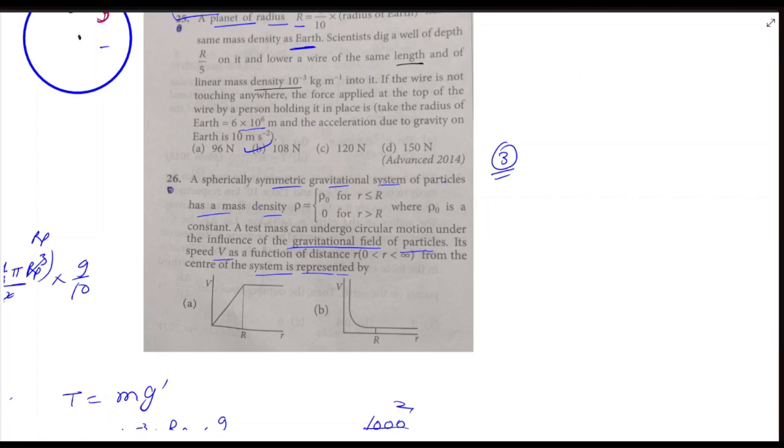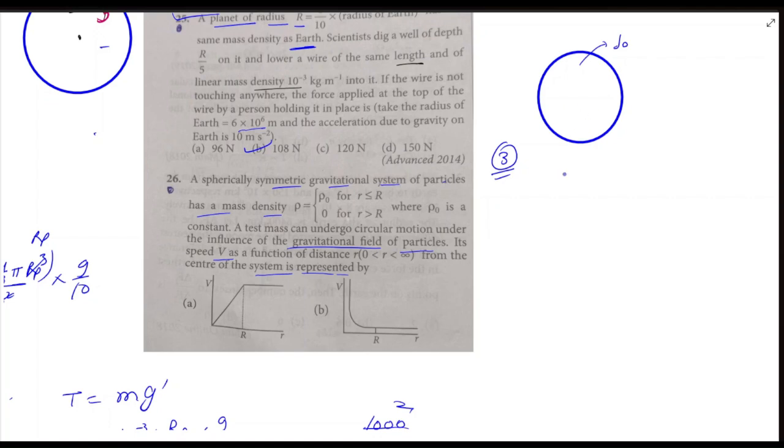So we have a spherical mass density. The test mass can undergo circular motion under the influence of the gravitational field. Its speed v as a function of distance. So rho naught is constant.